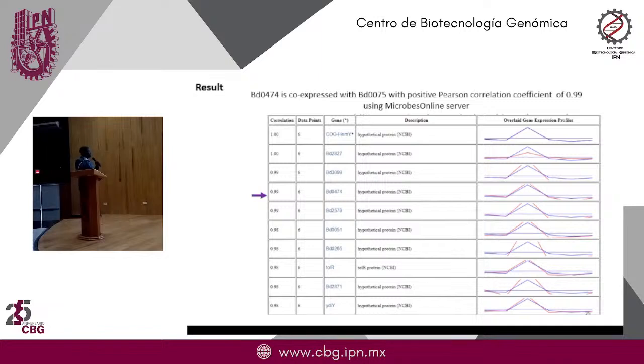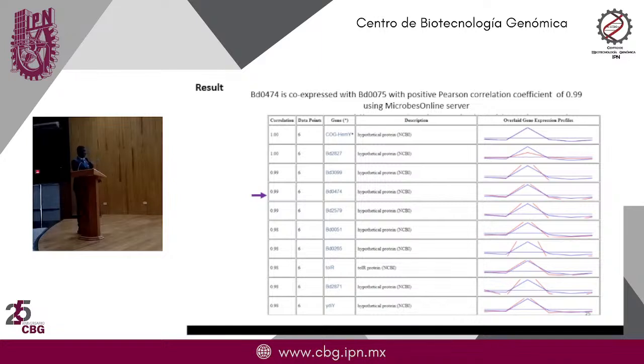So we found that 474, just like predicted, is a co-expression partner with a Pearson correlation of 0.99, which means that they are co-expressed at the same time points, just like you can see from the overlay gene expression profile right here: at the same time point when 75 is decreasing, 474 is also decreasing. At the same time point when 75 is increasing, 474 is also increasing.